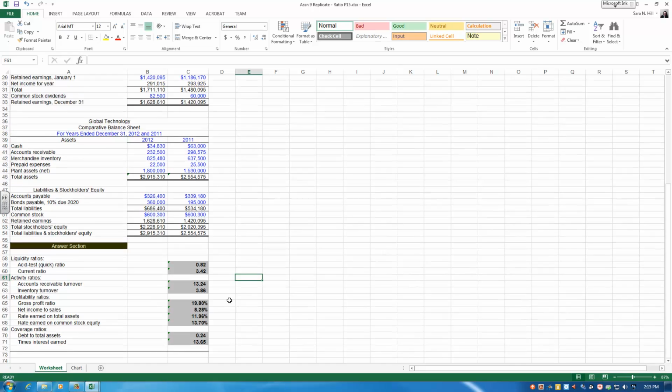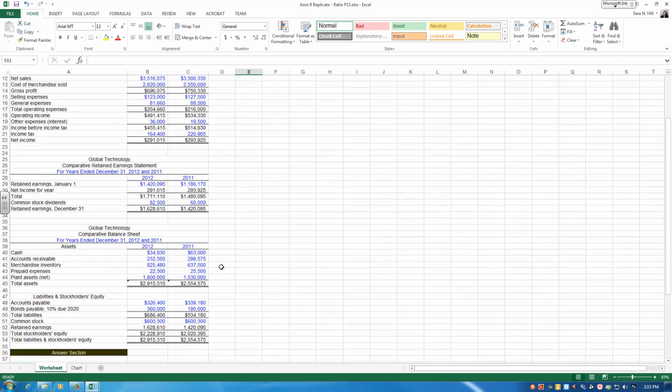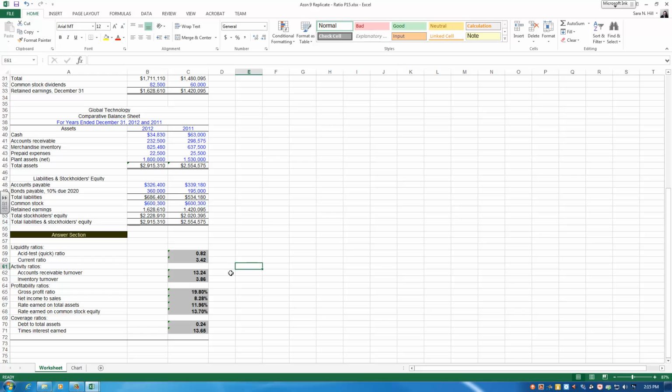If you keep the spreadsheet, wherever you work you could drop in these numbers and have it work for you, and then you'd know the different benchmark ratios and how your company is performing. When I was out in industry, we had something very similar to this, and we'd also drop in our competitors. So we'd have how we were performing, and how our closest competitors or the industry average were performing. It's a great tool to compare your performance to others.